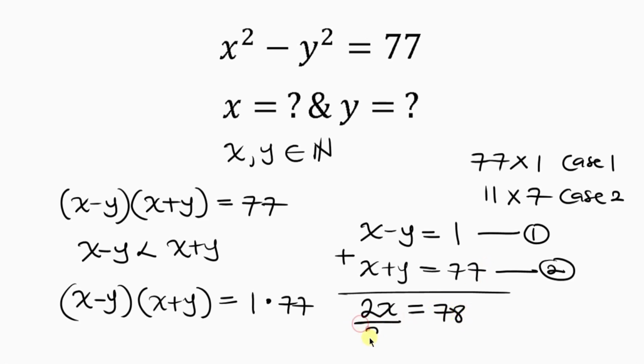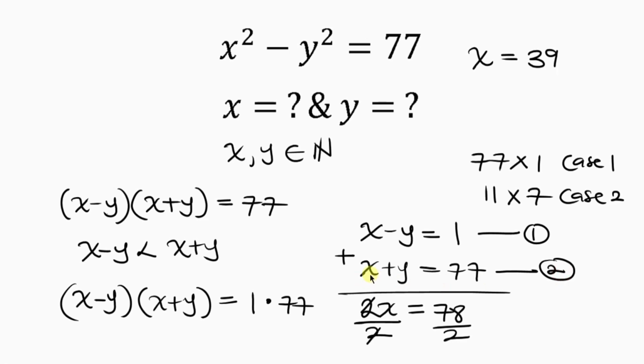And when we divide both sides by 2 in order to get the value of x, you see that 2 cancels out 2, leaving behind x to be equal to 78 divided by 2, which is 39. So we've got the value of x to be equal to 39. Now let's get the value of y by putting the value of x into equation 2.